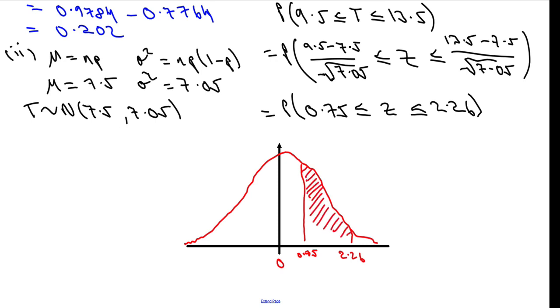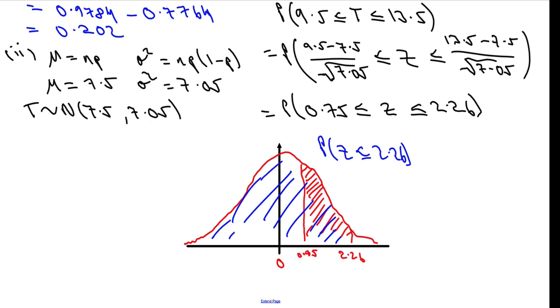So if we think about this carefully, we can use the standard normal tables to work out the probability that it's less than 2.26, which would be everything. I'm going to shade this in blue. So the probability that z is less than or equal to 2.26 is going to be in blue, which is going to be everything.